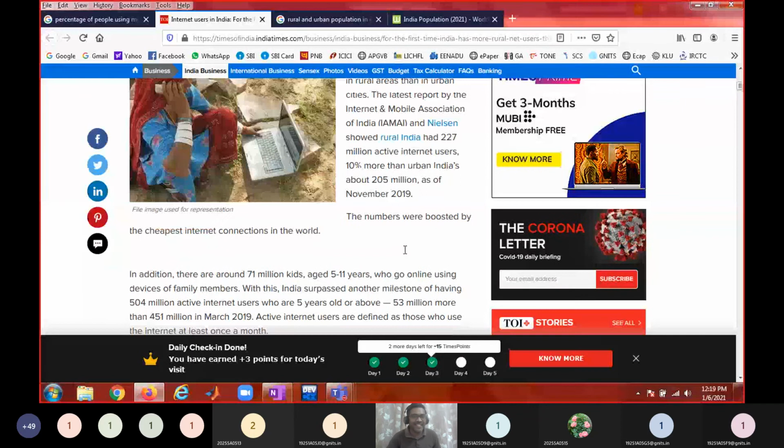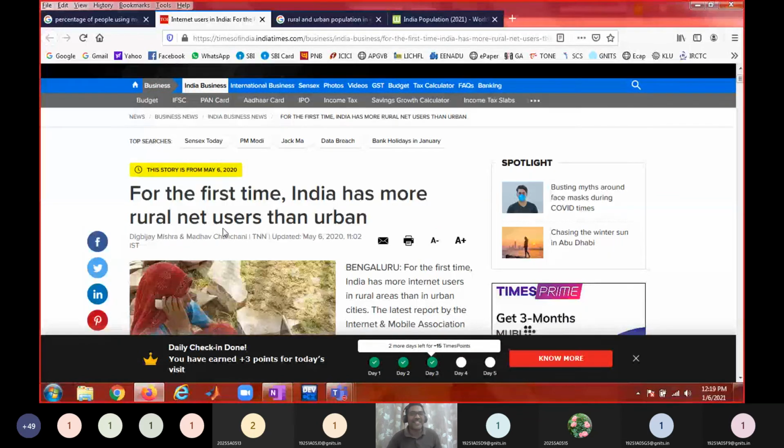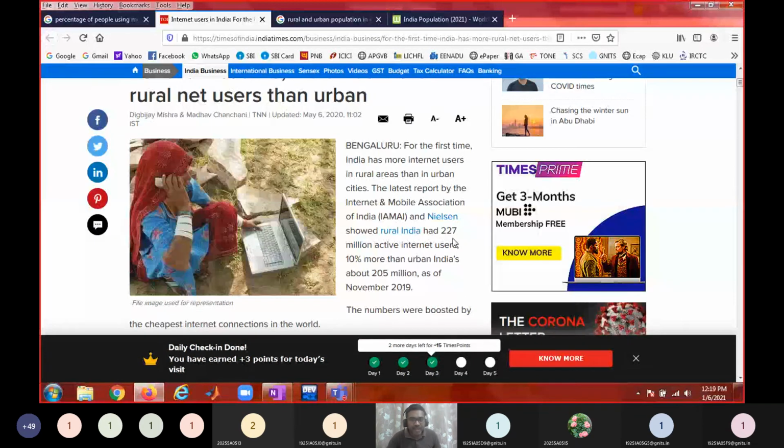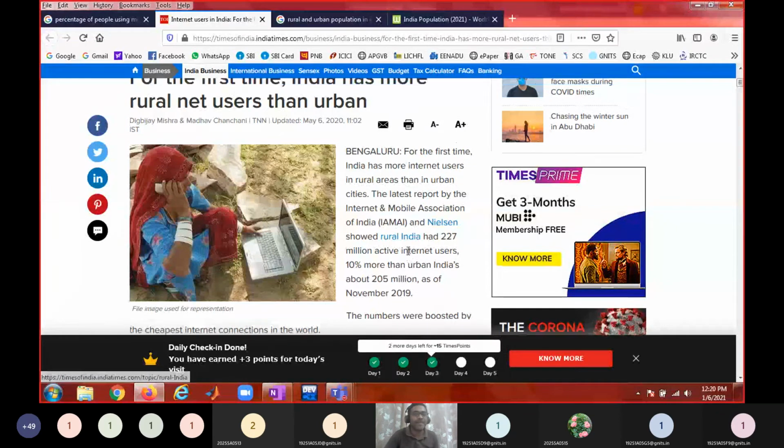He's just talking in terms of numbers: 227 million users in rural, whereas 205 million users in urban, and he's concluding that 10% is more. But it has to be out of how many people also, that matters, no? Rural population will be more than urban population, right? So in terms of percentages, the scenario will be different.